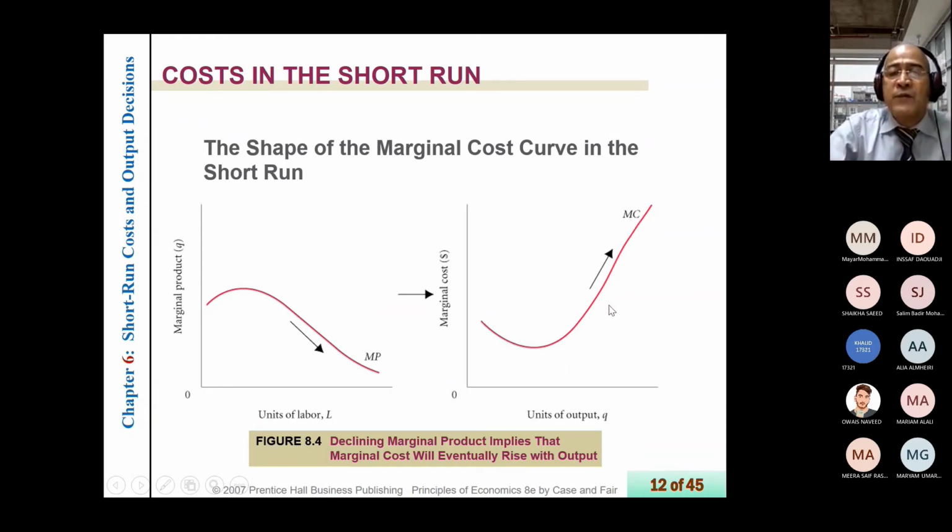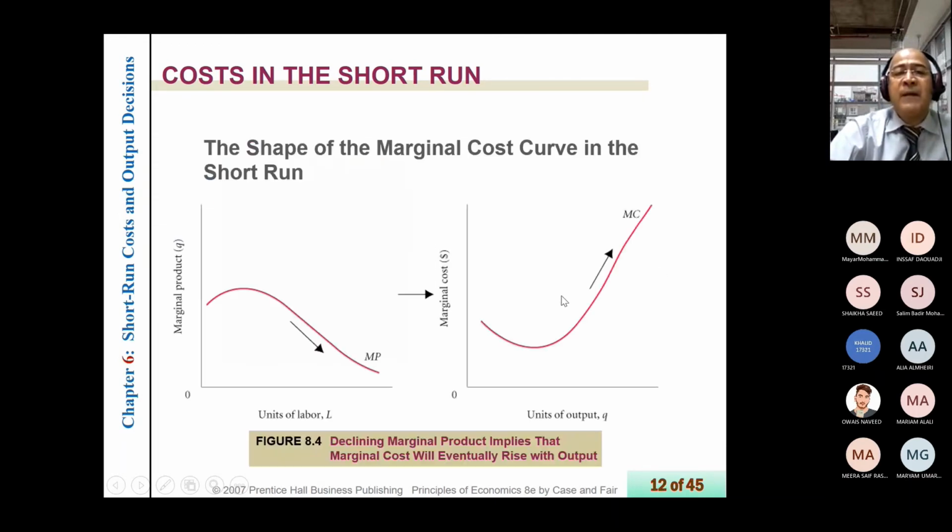Why does marginal cost increase? Because total variable cost increases at an increasing rate, for the same reason, the law of diminishing marginal returns.